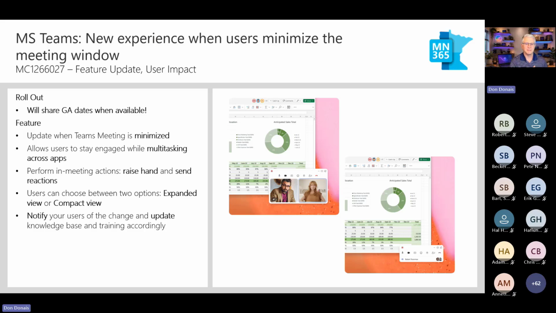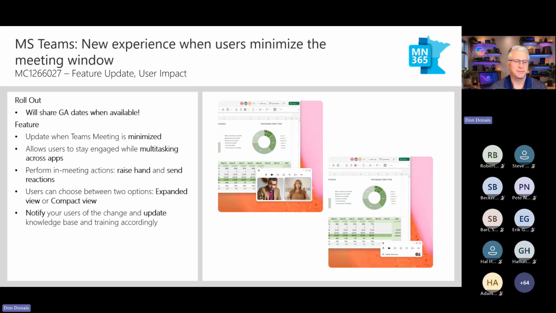But really, if you're in expanded view, you can raise your hand and send reactions. Otherwise you can go to compact view, and yes, there are still some controls. You're just not going to see the videos, so you're not going to see a lot of those pieces. Keep that in mind with this change. It's GA now. You can even test it with this particular meeting right now to see what's going on. All right, and I realize I should probably spotlight myself. Here we go. All right.